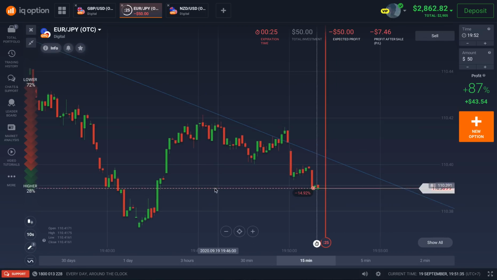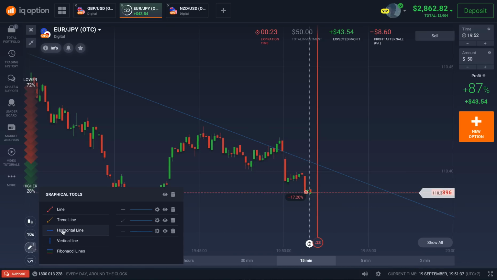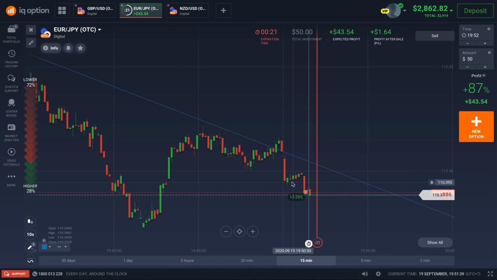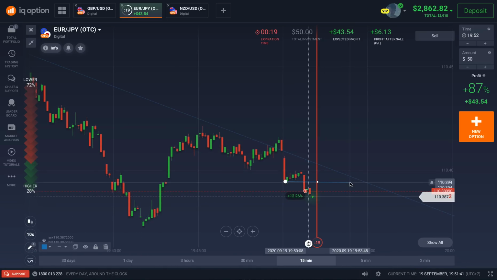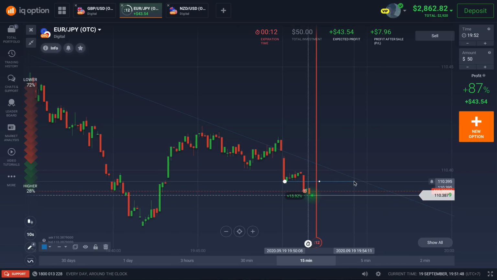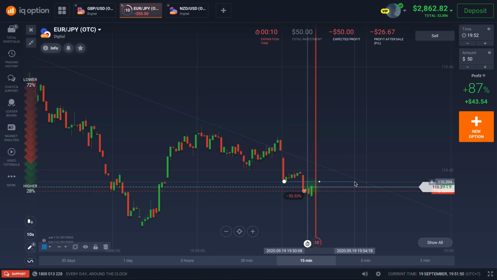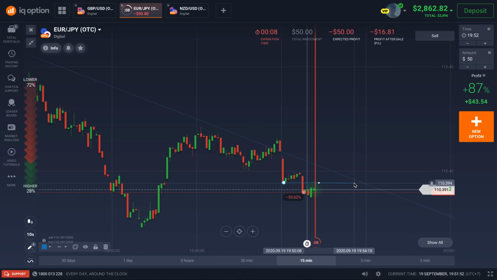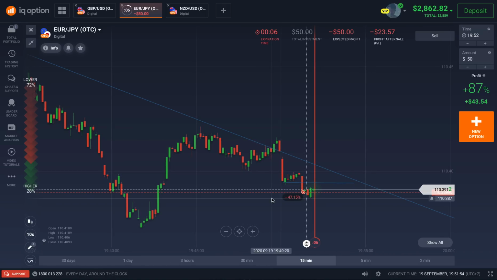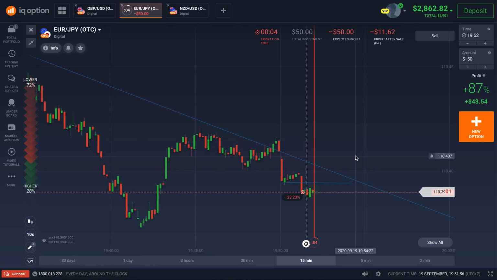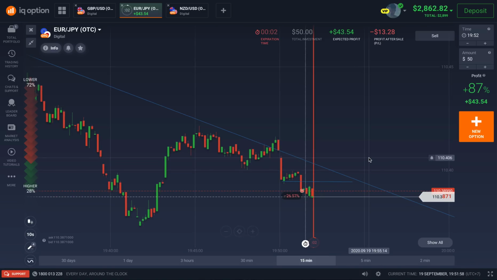Actually, my point is I wanted to go on this level, but I was a little too late on this level, and then the price just dropped sharply, so that is the wrong entry. But if there is hope of getting this right, yes, it's possible.